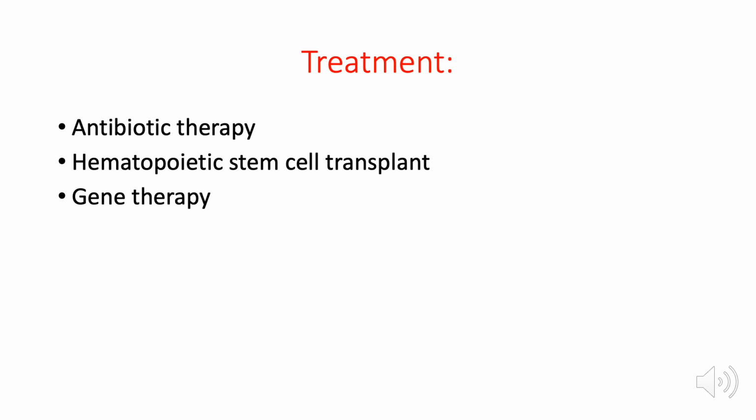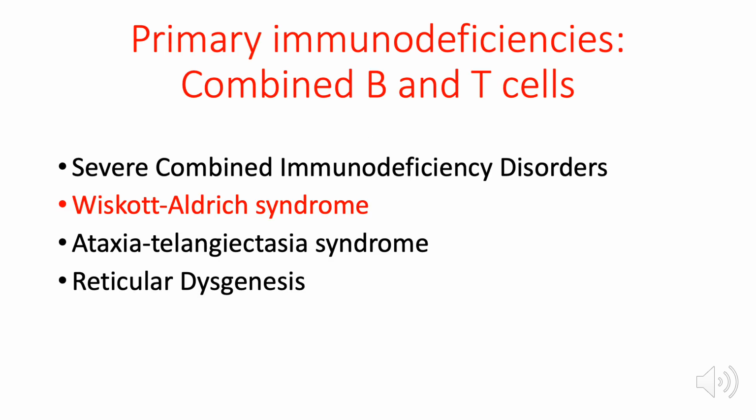And if this will be allowed in the future, then gene therapy can also be an option. We have already finished discussing the group of diseases that fall under the severe combined immunodeficiency disorders. Let's try to recall. We have the X-linked, we have the Swiss type, we have the Bare lymphocyte syndrome, and we also have the purine nucleoside phosphorylase enzyme deficiency.